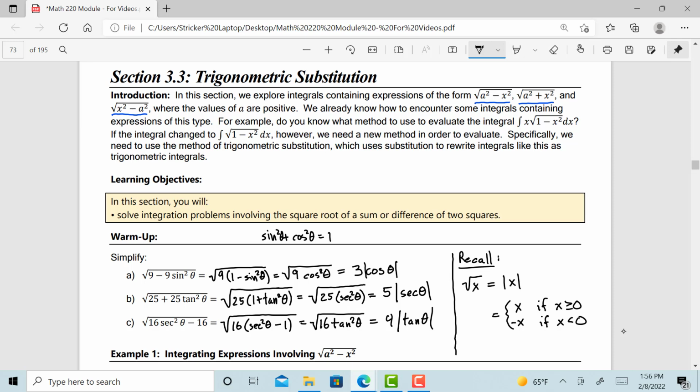Hopefully you were able to get to the answers that I have showing here in parts B and C. For part B and C, you need to use the other version of the Pythagorean identity, which of course says that if you take tangent squared theta plus 1, that's equivalent to secant squared theta. And you can kind of manipulate that and use it in different ways.